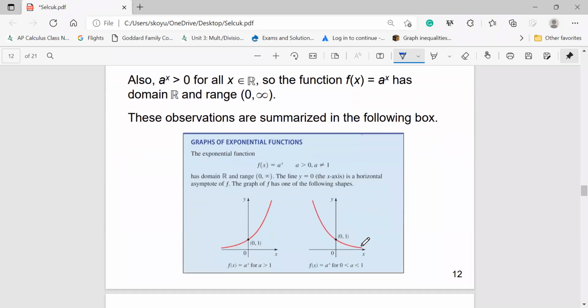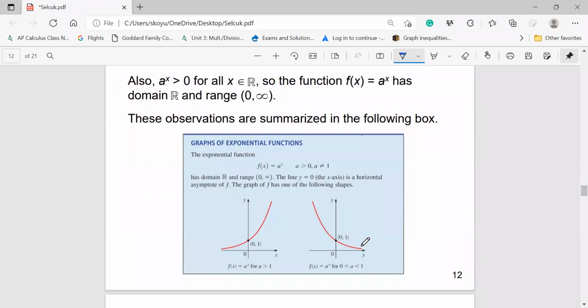So I want to show you this. Okay. So this is a parent function: 2 to the x, 3 to the x, without translation, of course. If there is no translation, then this is called a parent function. And for the parent function, the domain is always all real. The range is always between 0 and infinity.